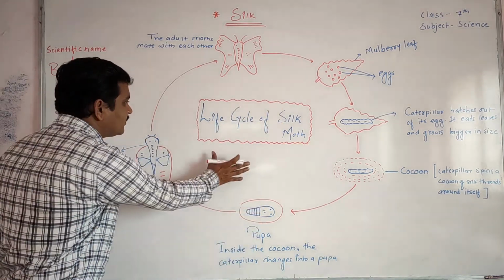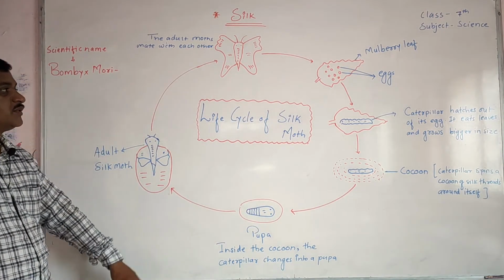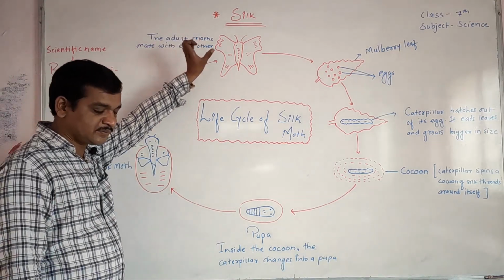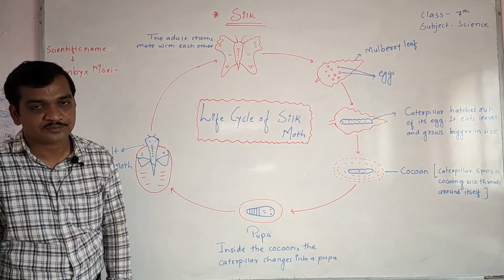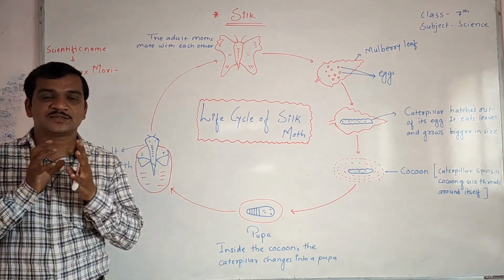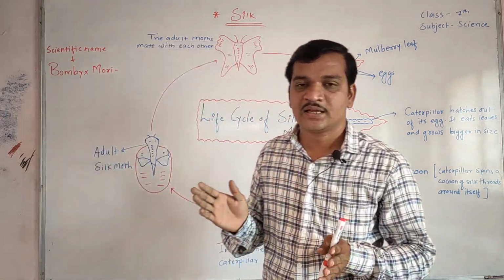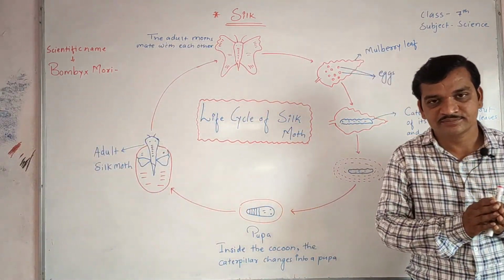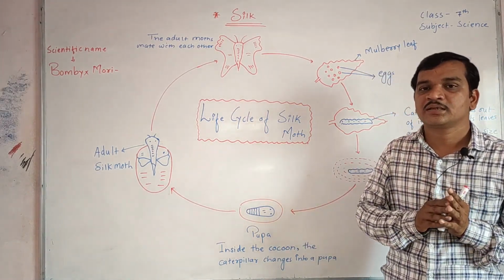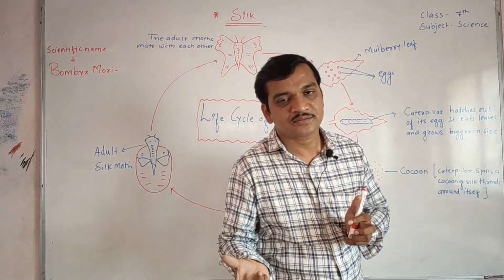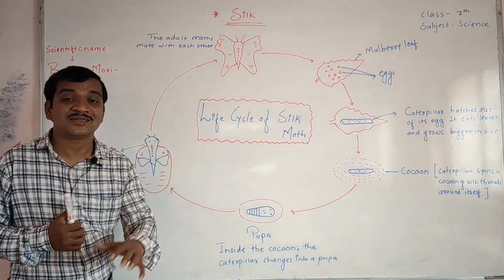Now we'll see the life cycle of the silk moth. The life cycle is very interesting, because the silk moth passes through various stages: egg, then larva, then caterpillar, also called the silkworm, and then adult silk moth.